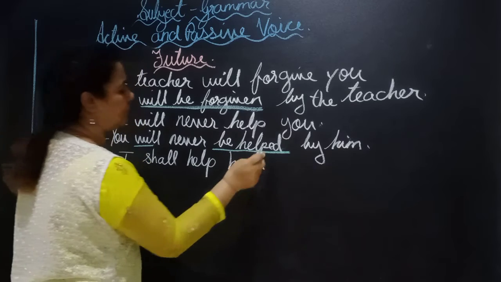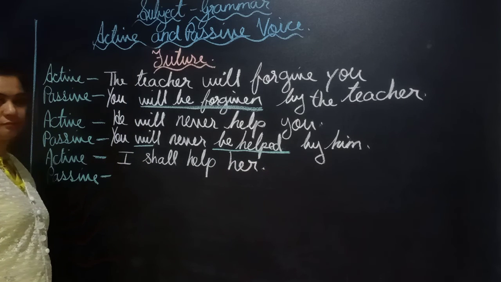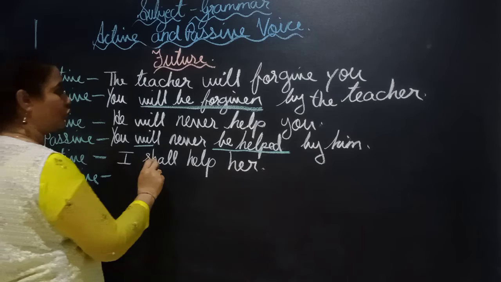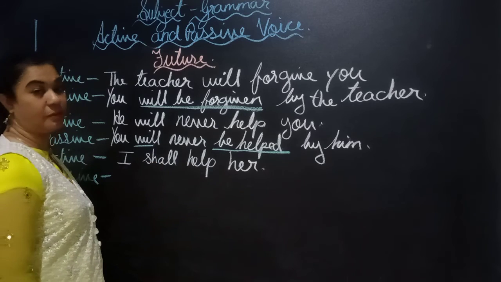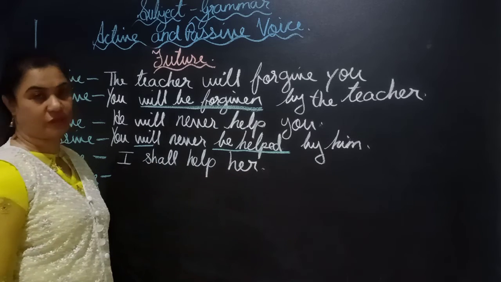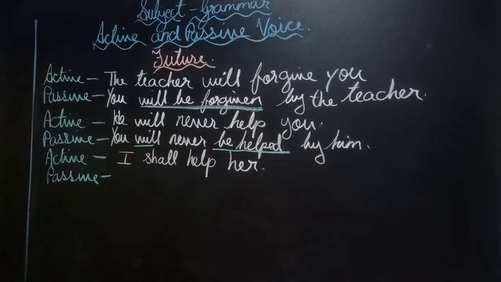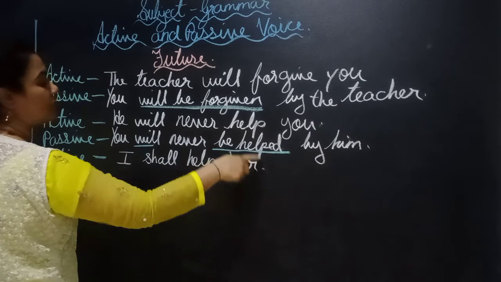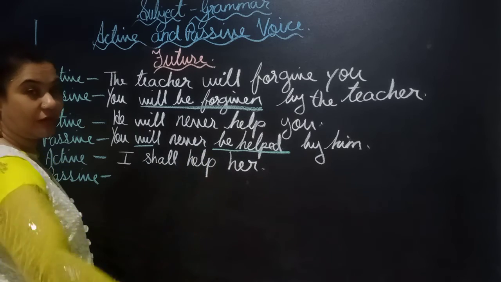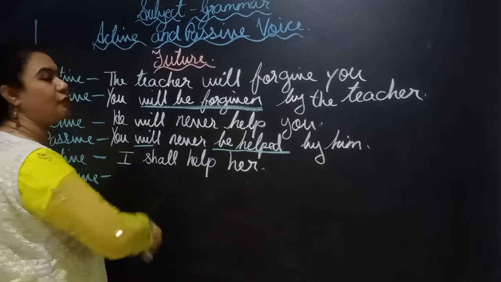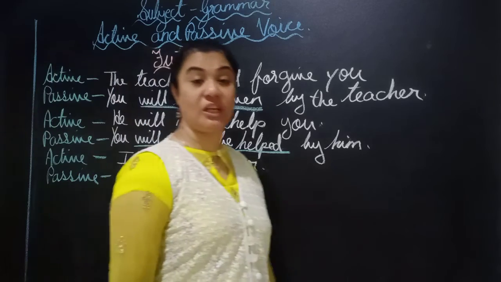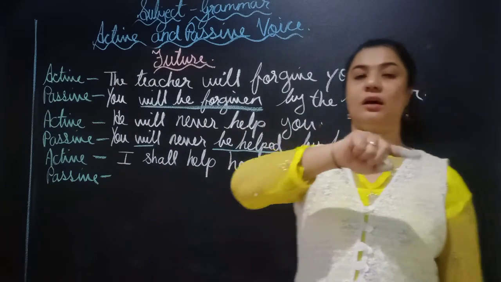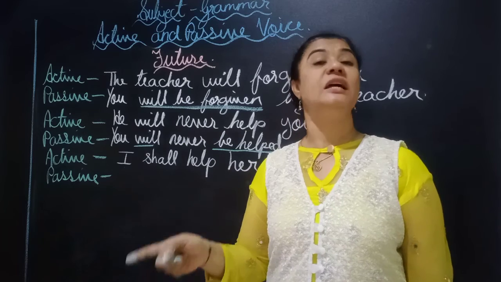Now first see, I is my subject, shall help is my auxiliary verb plus verb, and her is my object. Okay, so you have to change it into passive now. Her is a pronoun, so now we have to make it the subject. No subject starts with her, students, so you have to change the pronoun to she. For her you have to take she, right?